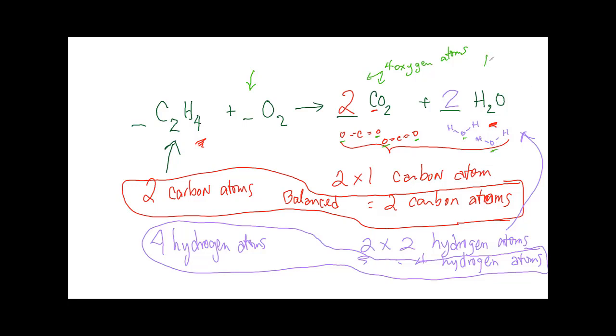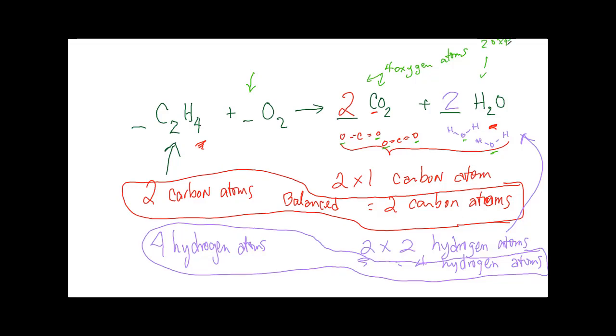So there's 2 oxygen atoms. I can't spell. I'm at the edge of my whiteboard. All right, there's 2 oxygen atoms here. There's 4 oxygen atoms here. Total of 6.